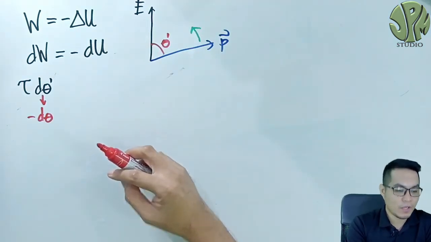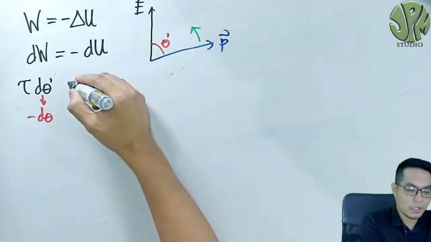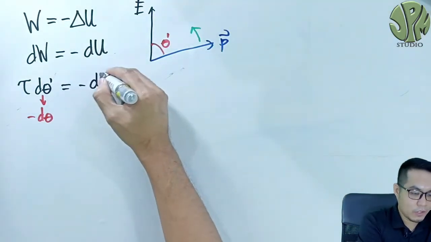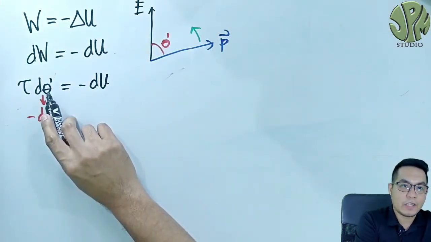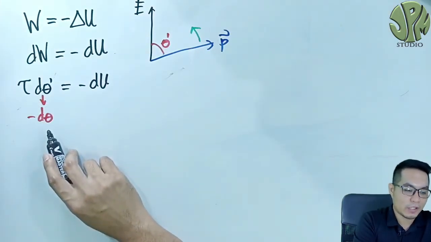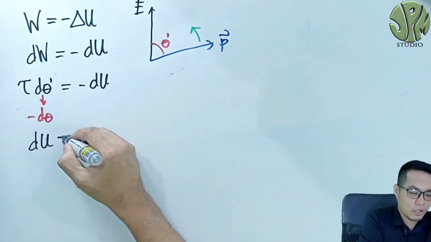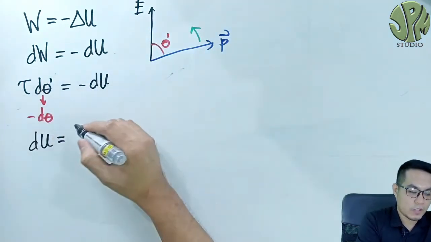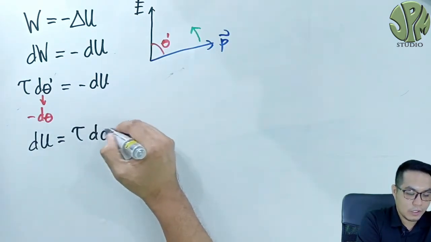So in this case, this is equal to negative dU. We shift from d theta prime to negative d theta. So the negative sign will cancel on both sides of the equation, and we'll just have tau d theta.